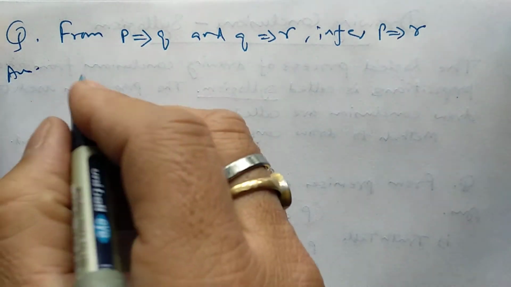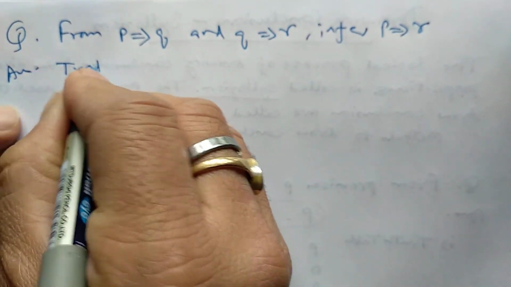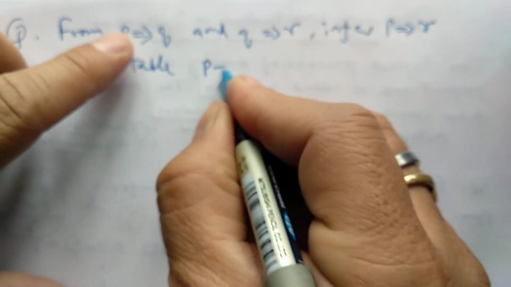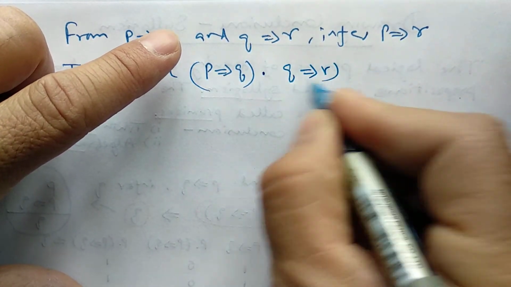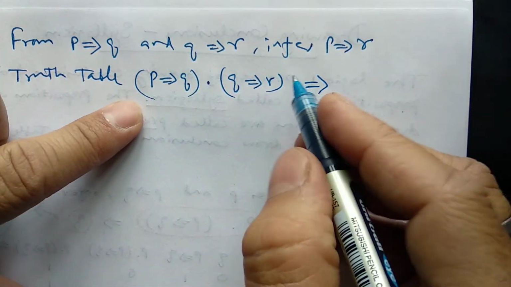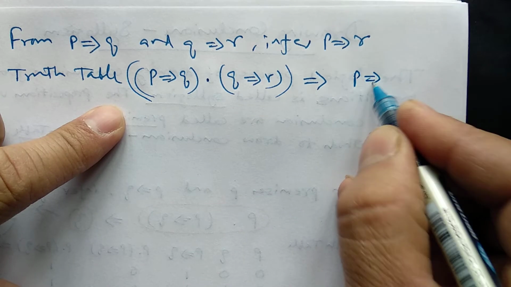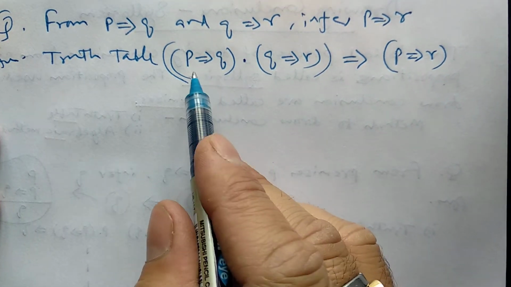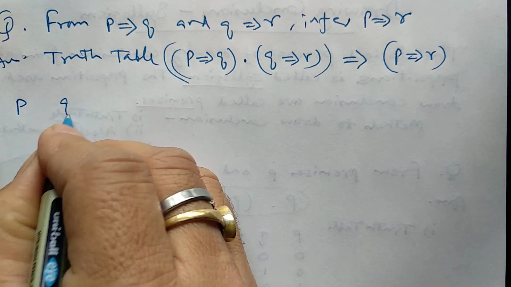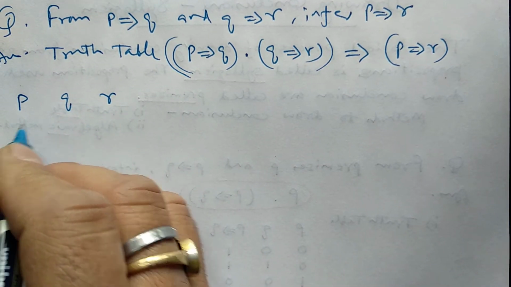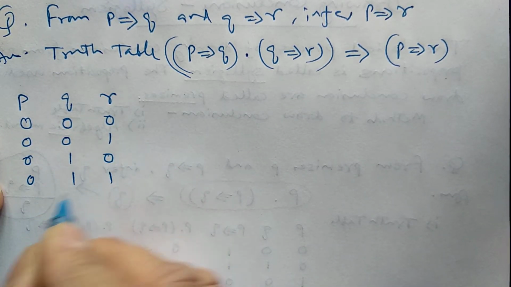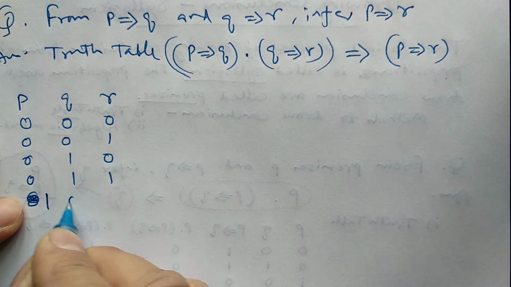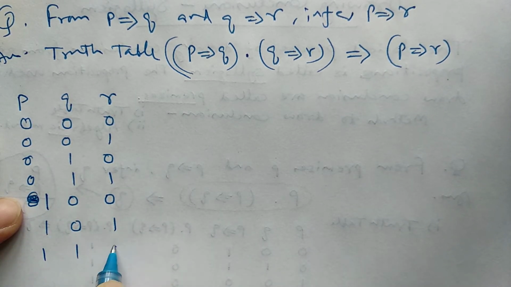The first method is the truth table method, and the statement is P implies Q and Q implies R, infer, meaning this whole term infers P implies R. Here we have three terms, P, Q, R, so you will have 8 combinations: 0, 0, 0, 0, 0, 1, 0, 1, 0, 0, 1, 1, 1, 0, 0, 1, 0, 1, 1, 1, 0, 1, 1, 1.